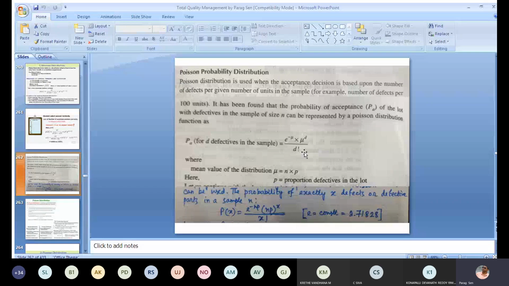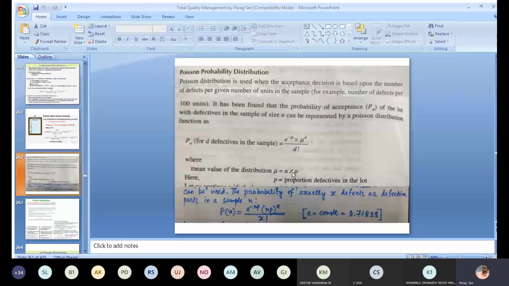Suppose you have both decided that my proportion defective is 0.01 and small n is equal to 100. First you need to calculate the mean value of the distribution.